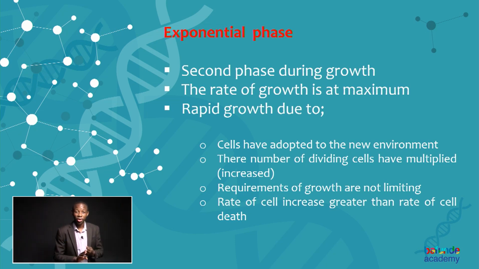Number 3, the requirements of growth, as we mentioned in one of our last lessons, are not limiting. So you will find that we have enough oxygen, enough nutrients and so forth. Number 4, the reason for rapid growth is that the rate of cell increase is greater than the rate of cell death. So cells are increasing, and the rate at which cells increase is greater than the rate at which cells die.